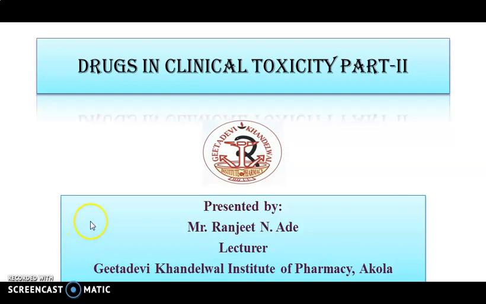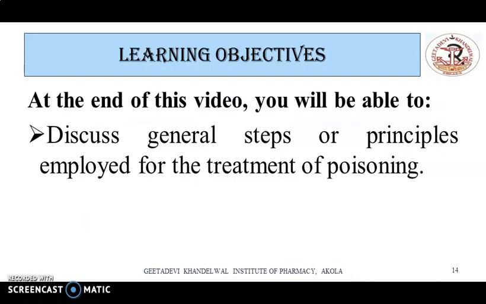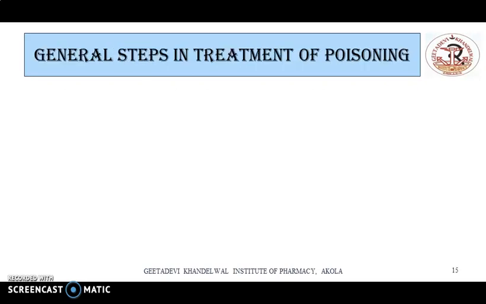In the previous part, we discussed the definition and classification of poison, and in this session we are going to discuss the general steps or principles employed for the treatment of poisoning. General steps in the treatment of poisoning, this we are going to discuss.